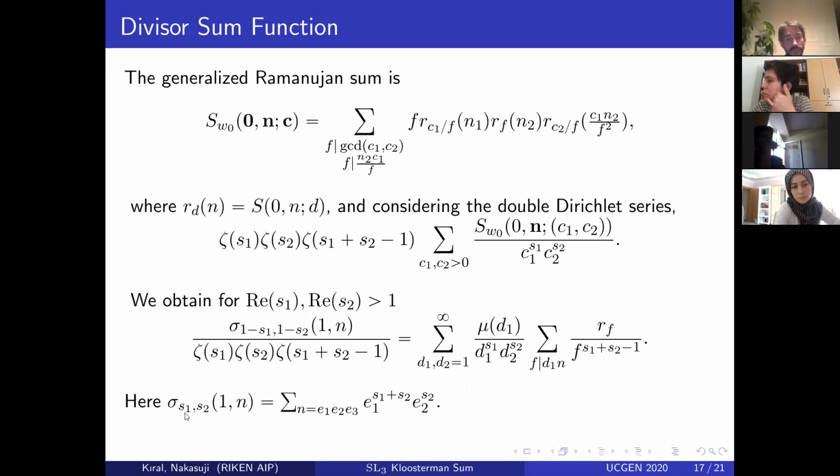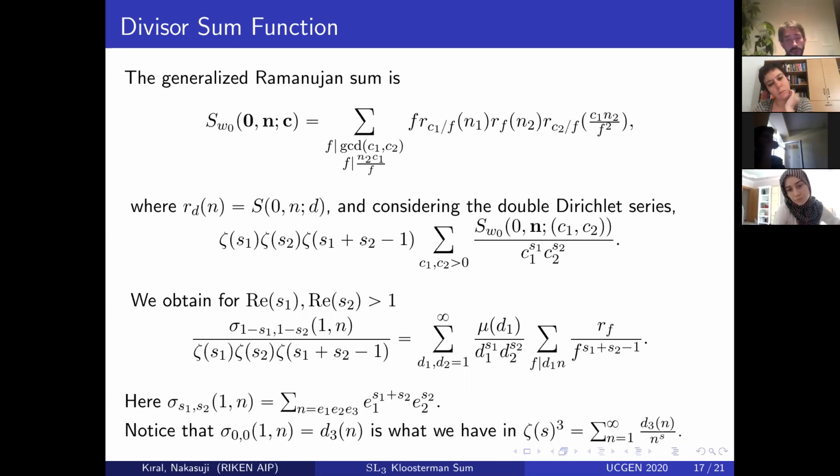And if S1 and S2 are 0, then this is just 1, so we're just summing 1. So this is just the number of ways of writing n as a product of 3 numbers. And this is exactly what would show up in the 3rd power of the Riemann zeta function if you wrote it as a Divisor series.